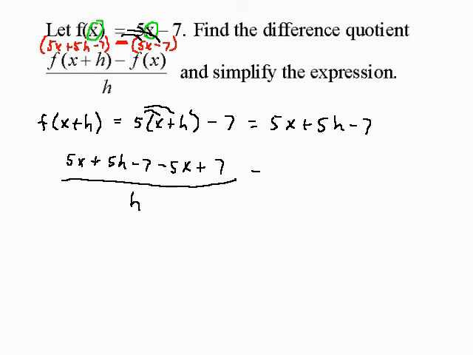Collect like terms. What are we left with? Well, the 5x's go out, the 7's go out, and we're left with 5h divided by h. So now we've done the difference part of the difference quotient. Now to divide, we'll get 5. Difference quotient: find f of x plus h, subtract what's given, f of x, divide by h.